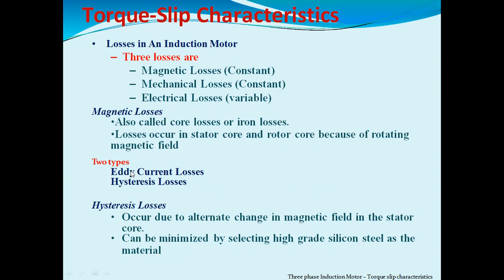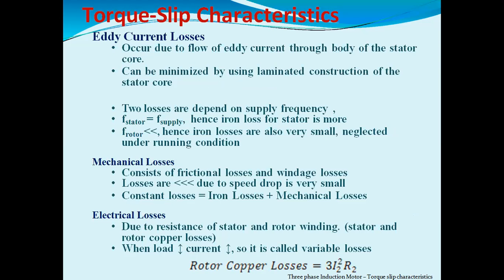Hysteresis loss occurs due to the alternating change in the magnetic field in the stator core. We can minimize that hysteresis loss by selecting high grade silicon steel instead of an ordinary iron core. Using silicon steel minimizes the hysteresis loss.